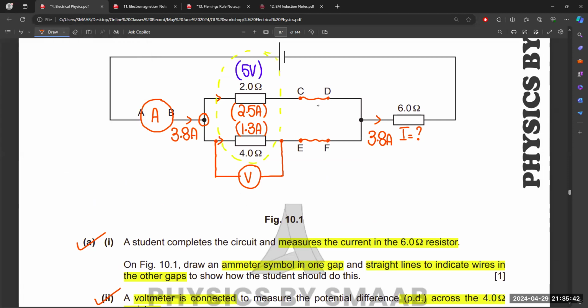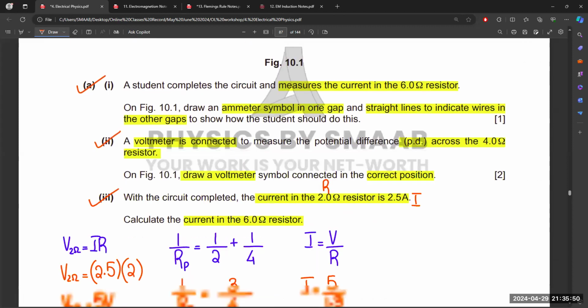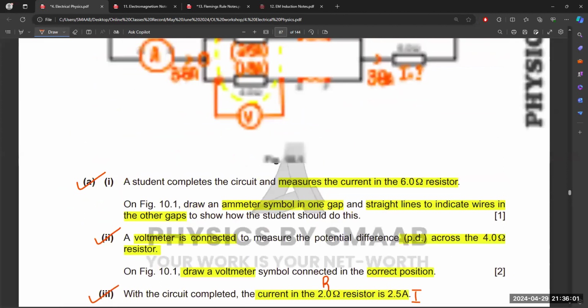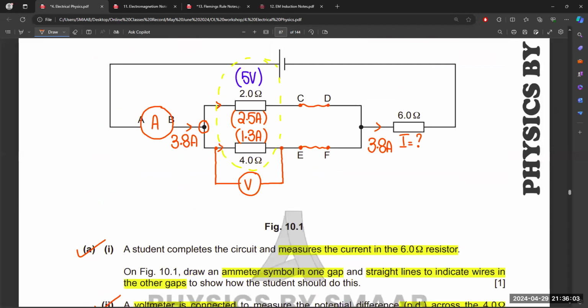Total voltage and total resistance give you the total current that is dividing between these two resistors, because in parallel combination current divides. So the total electric current we get is 3.8. That 3.8 also passes through this 6 ohm resistor because the 6 ohm is in series combination. So the total amount of electric current passes through this resistor.